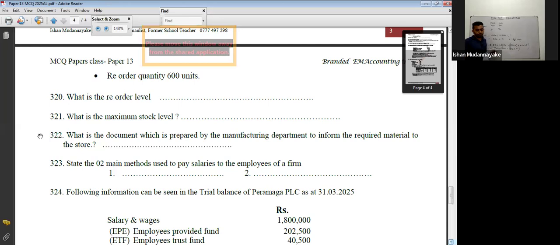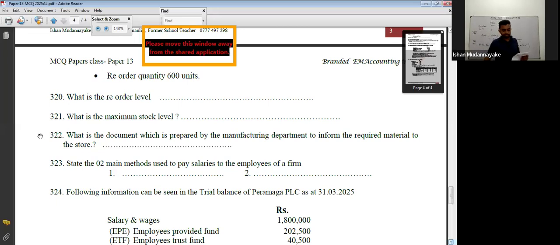We have drawn a diagram for material purchases. Please go through the diagram.